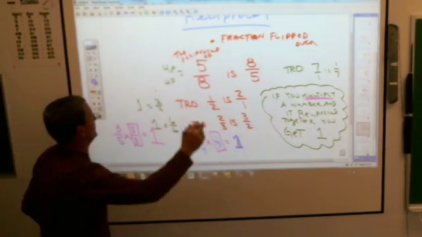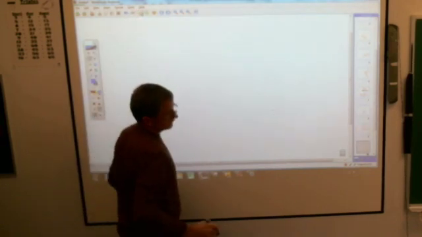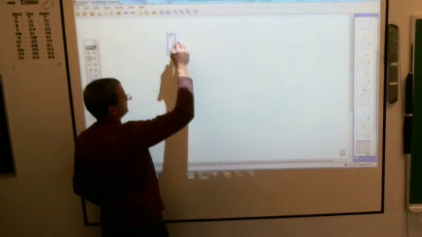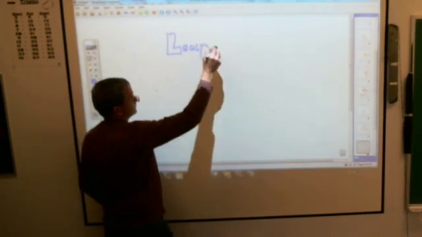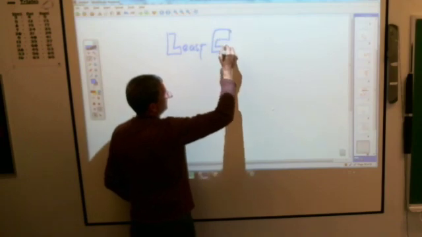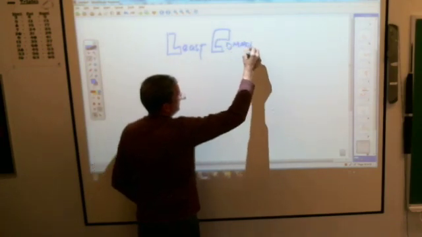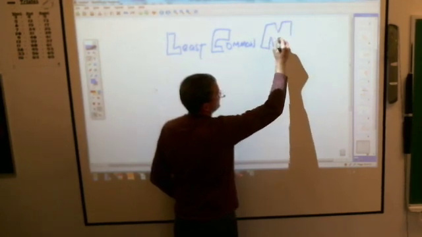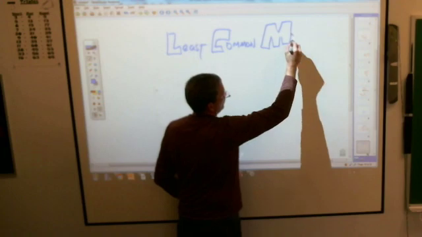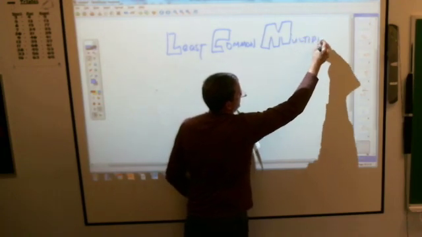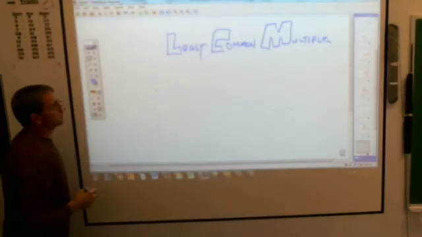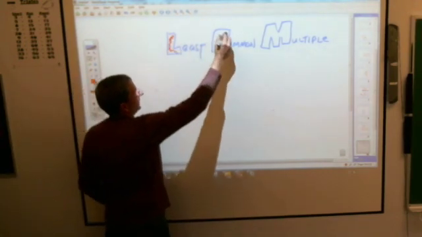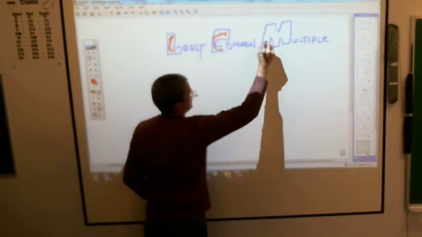Now, another blank piece of paper. On top of this piece, write least common multiple.